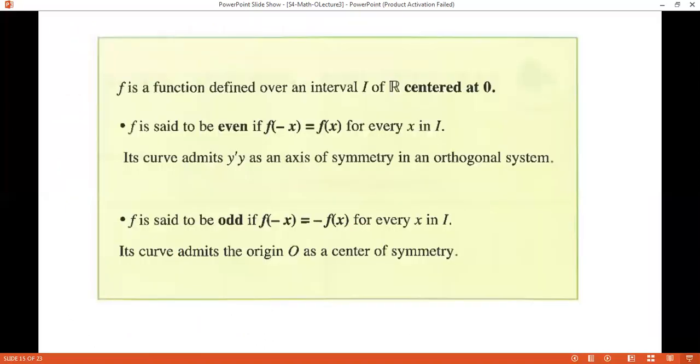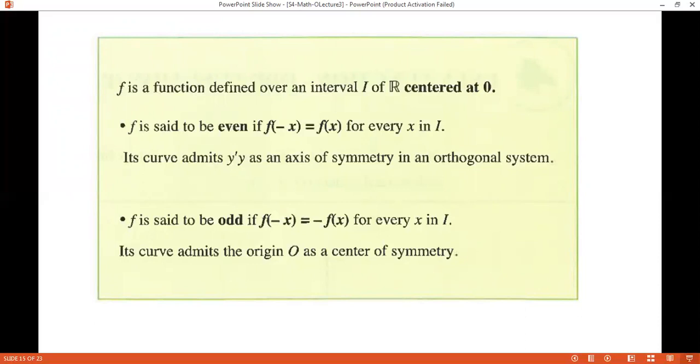So f is a function defined over an interval I of R centered at 0. f is said to be even if f of minus x equals f of x, and it has the y-axis as an axis of symmetry. f is said to be odd if f of minus x equals minus f of x, and it has the origin O as a center of symmetry. So again, what did we learn till now?